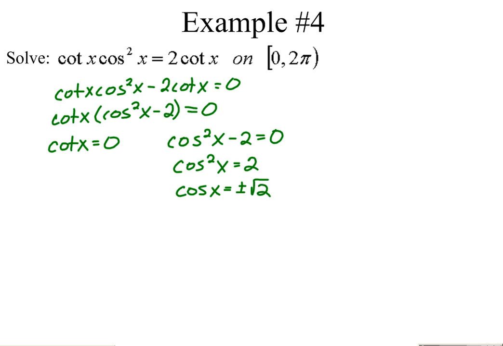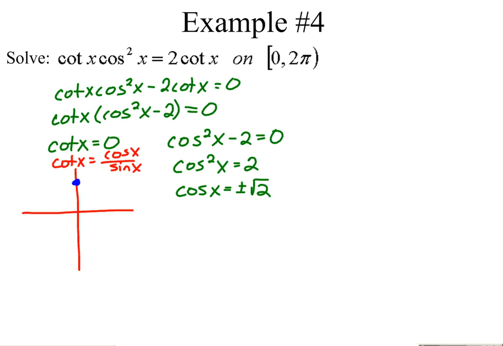First factor already is solved. Second one, cosine squared x equals 2. Take the square root. Cosine equals plus or minus root 2. From here, cotangent x equals 0. Need to draw reference triangles. Remember, when tangent or cotangent is 0 or undefined, we are talking about quadrantal angles. We know that cotangent is the same thing as cosine x over sine x.